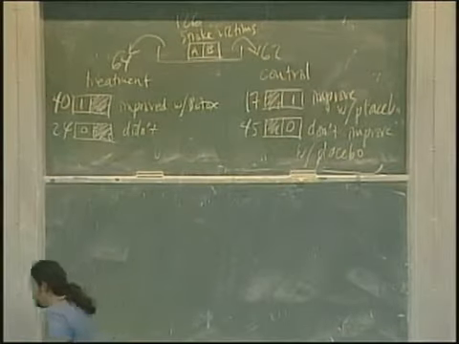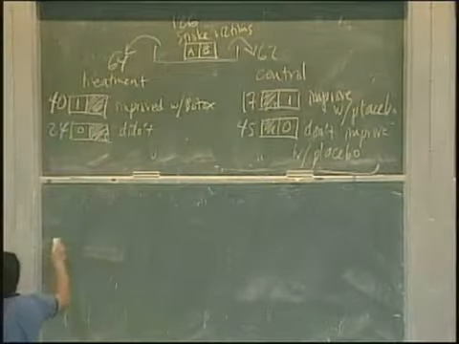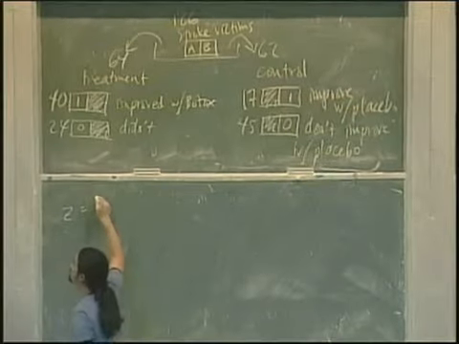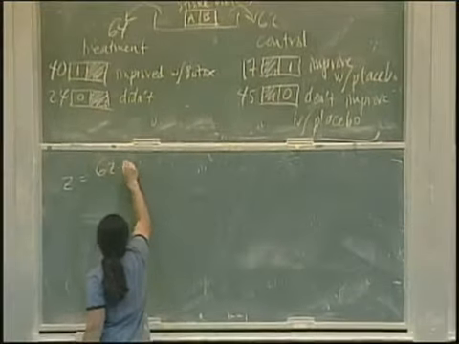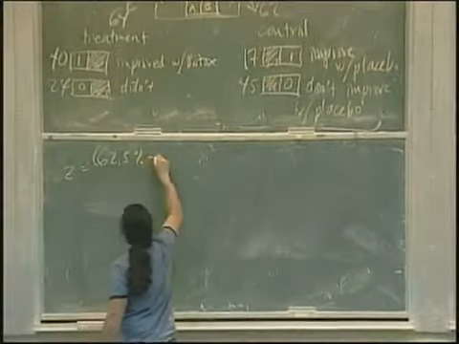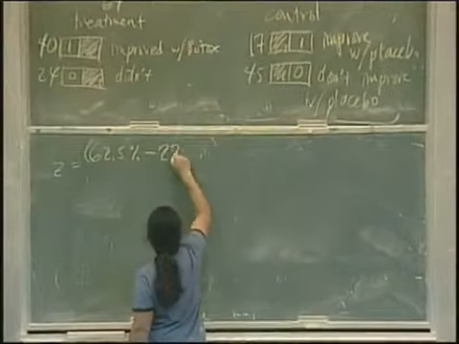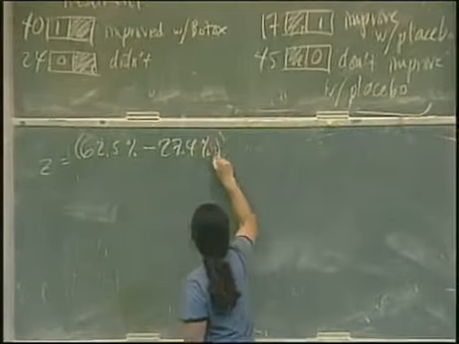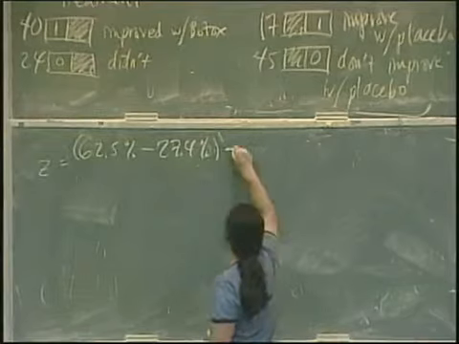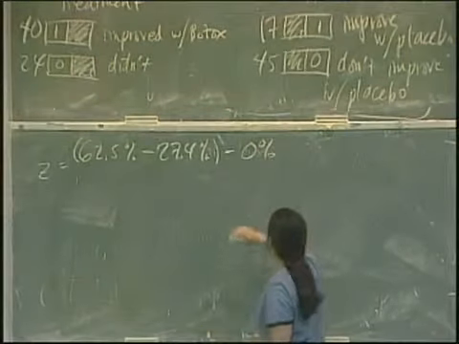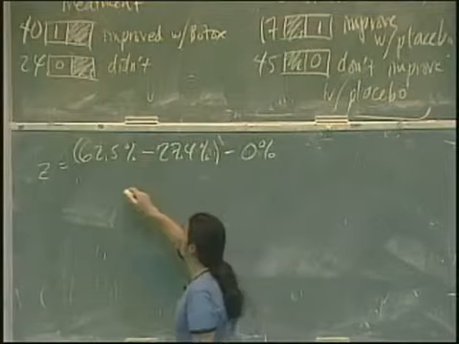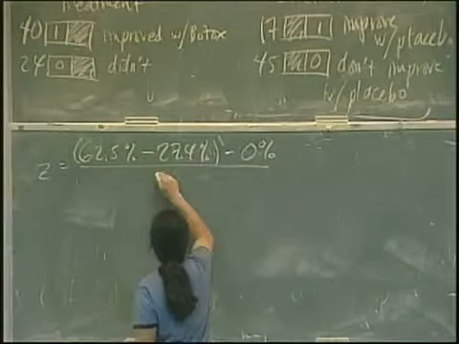All right, so finally the z is going to be 62.5% minus 27.4%. So that's the difference in our observed percentages. According to the null hypothesis, we expect that difference to be 0. And divide by the SE difference, 8.34.